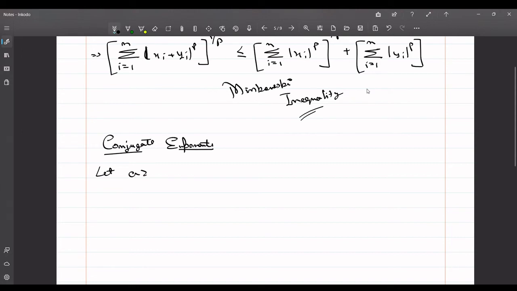Okay, so suppose we take two positive numbers, let a be a positive number and let b be a positive number.